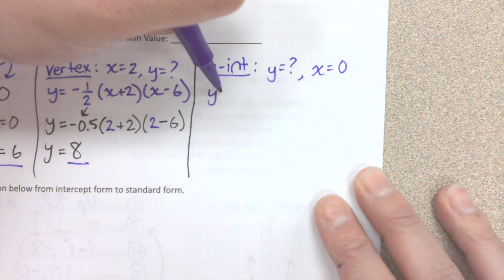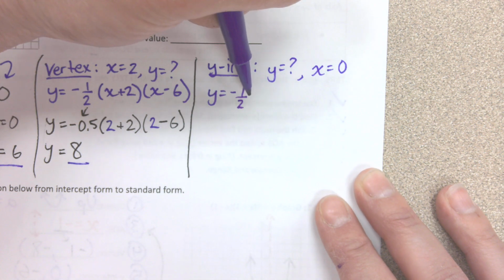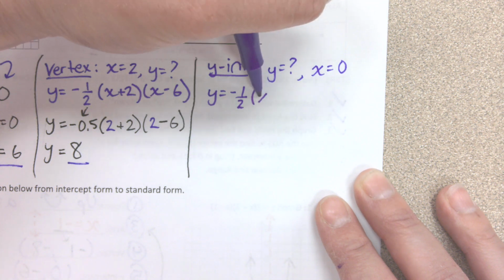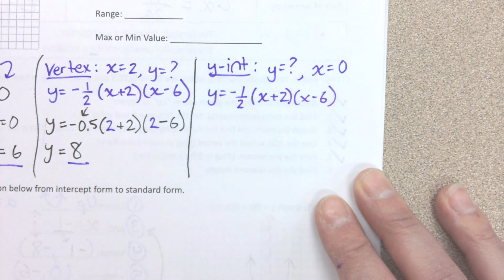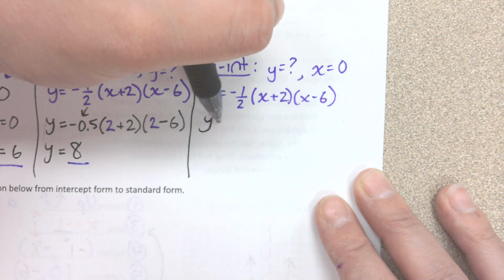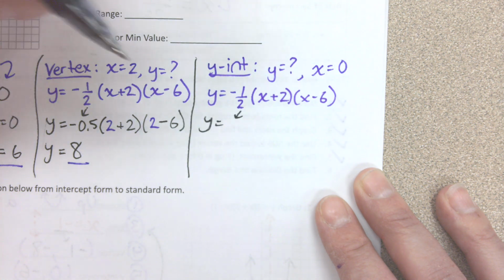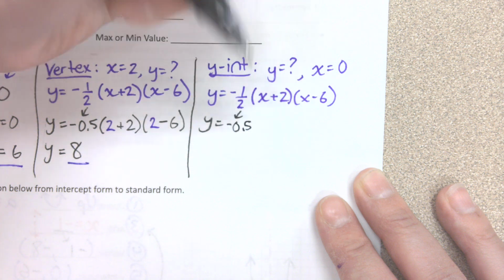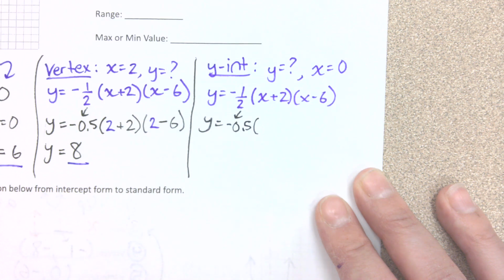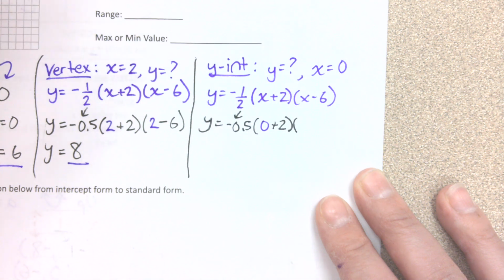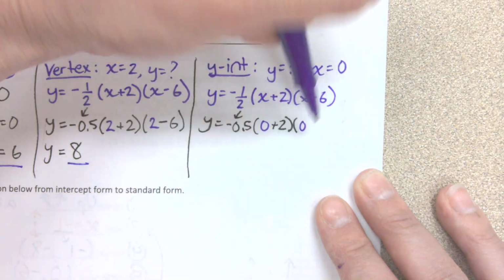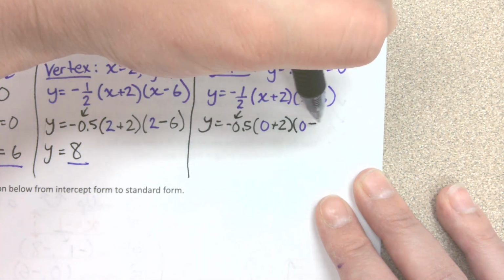And we know our equation, y equals -1/2 times x plus 2 times x minus 6. Plugging in, we have y equals, again, I'm going to use -0.5 times 0 plus 2 times 0 minus 6.